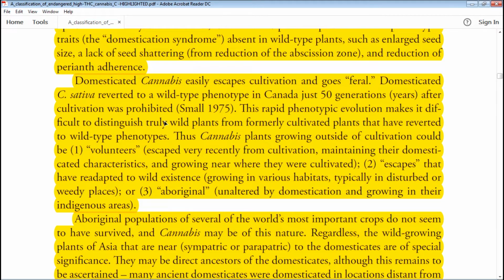Humans have been using cannabis for seed, food, fiber, medicine for many years. So who knows if there's truly actually any wild, undomesticated, untouched plants left. We don't know.